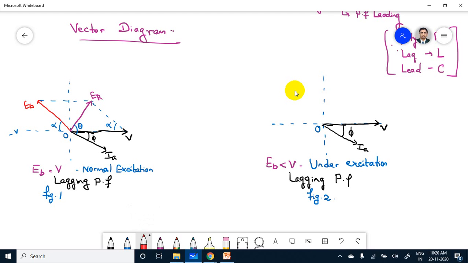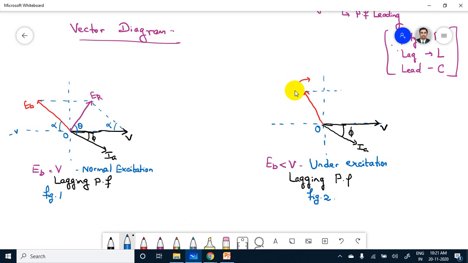The EB value, you will start to move towards your V value, towards your resultant. So this EB will be a little bit of increasing.